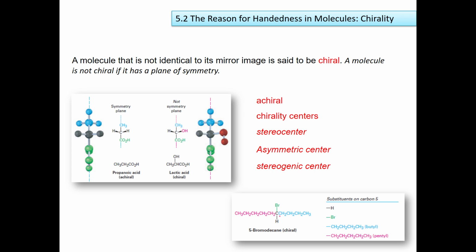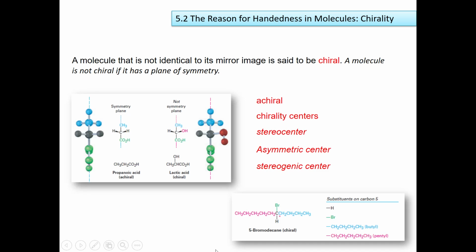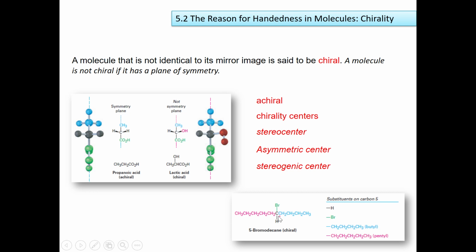Take a look at this molecule. As you can see here, we have the carbon in the middle, a hydrogen, a bromine, and then we have 1, 2, 3, 4 blue carbons on one side and 5 red carbons on the other side. Obviously, we have 4 different substituents on this carbon.